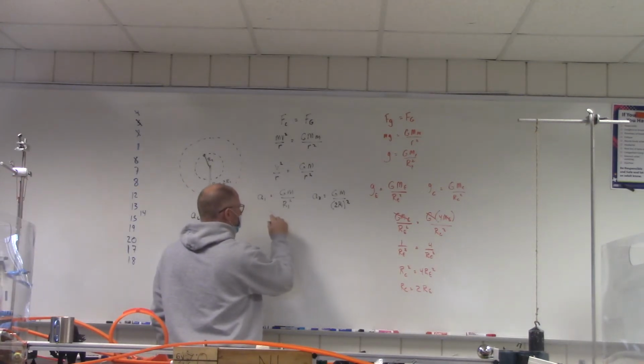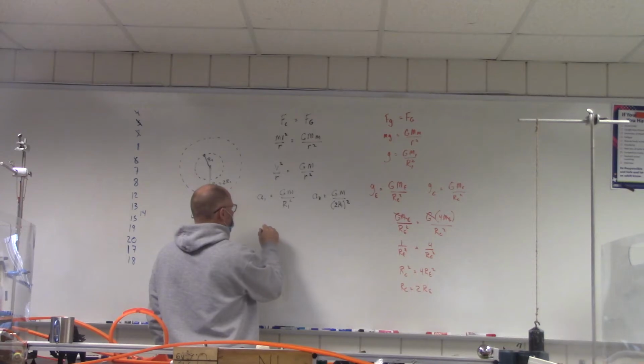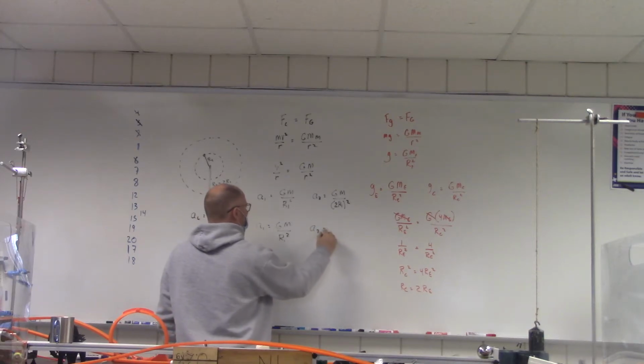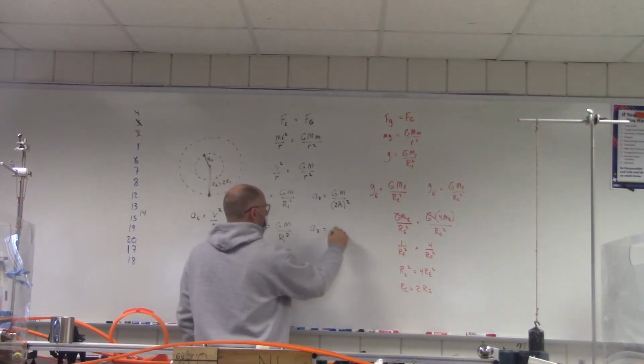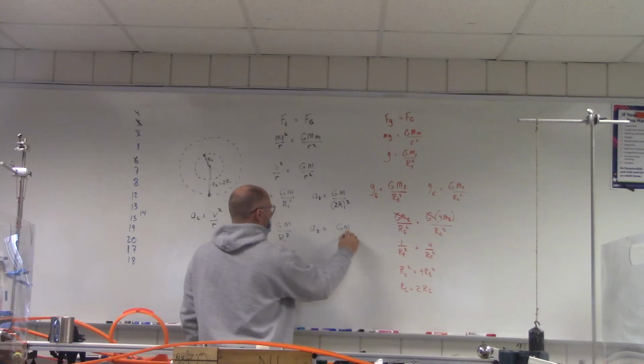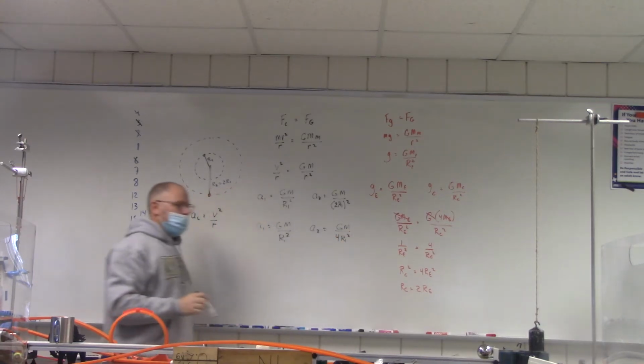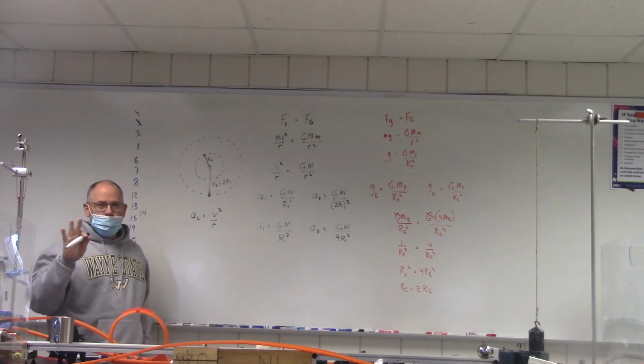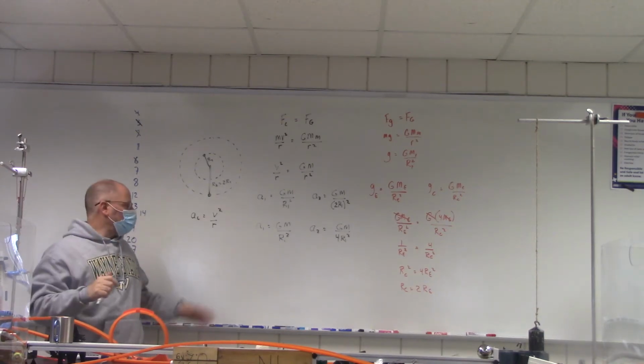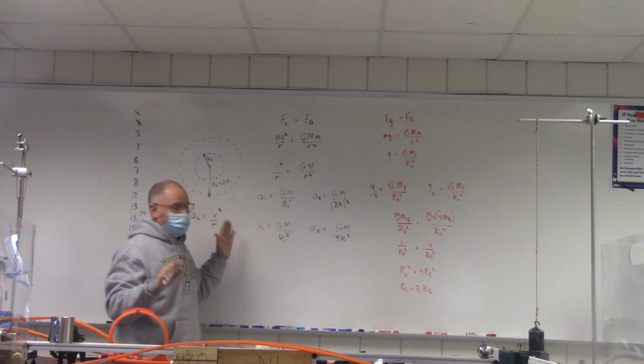if I look at this, I see that A1 is equal to GM over r1 squared, and A2 is equal to, basically, GM over 4r1 squared. Now, this is an algebra trick that I don't know if it's obvious to you guys or not.